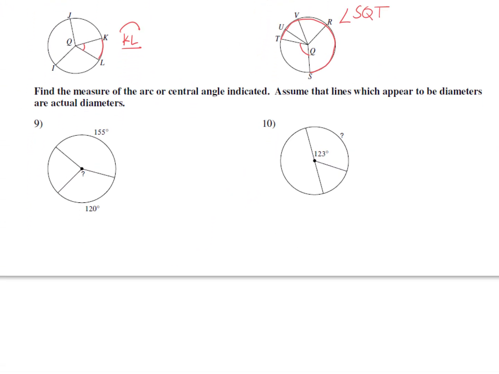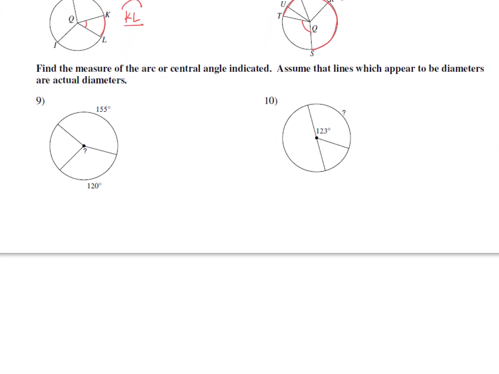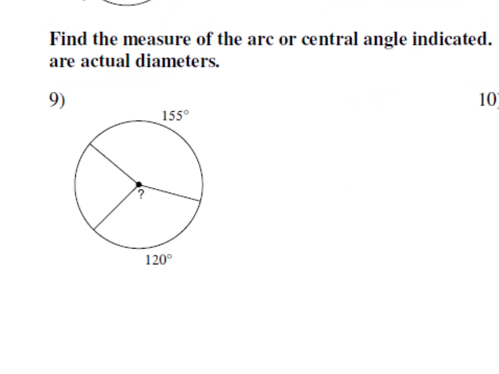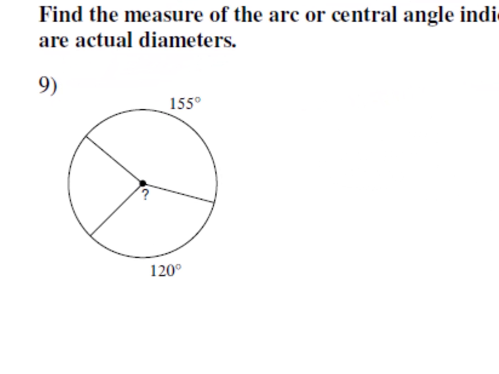Okay, next. Find the measure of the arc or central angle indicated. Assume that lines which appear to be diameters are actual diameters. So here in number 9, we are asked for this question mark in here. We know also here that the arc is 120, and what did we say?